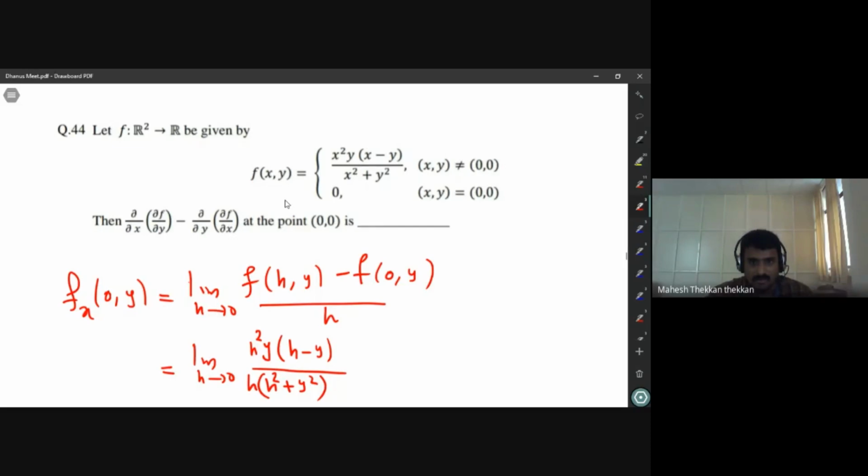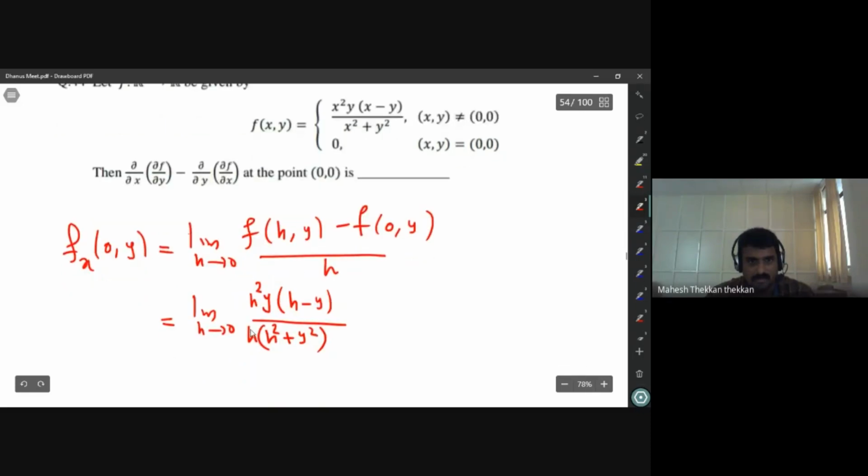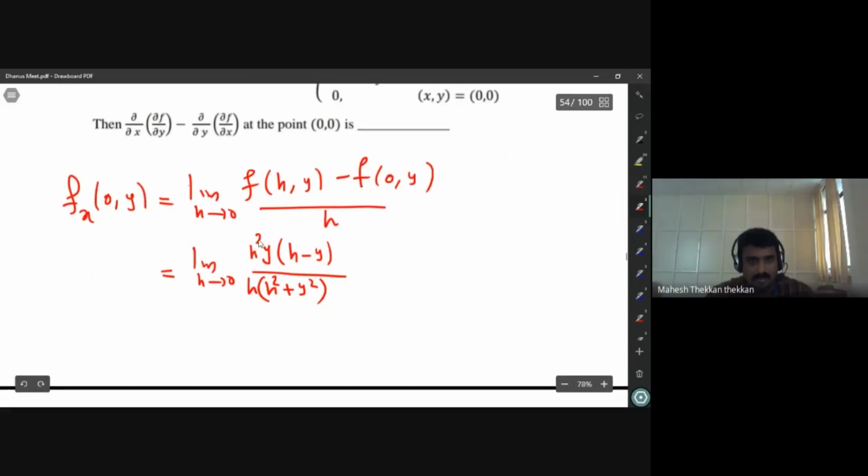What is f(0,y)? That is 0, right? If you put x equal to 0 in the numerator, all the terms will vanish. Now, one h is here, one h squared is there, so I can just cancel that.